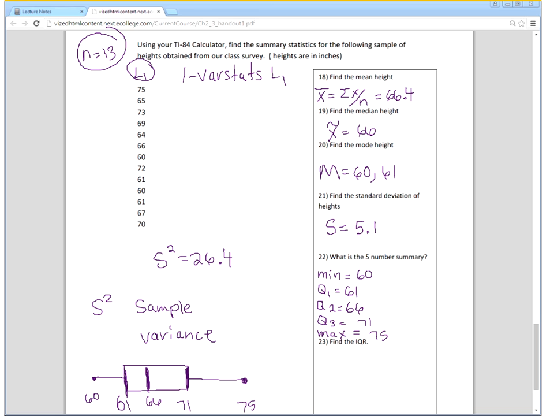So the next question here is to find the IQR. So remember what we talked about the other day?